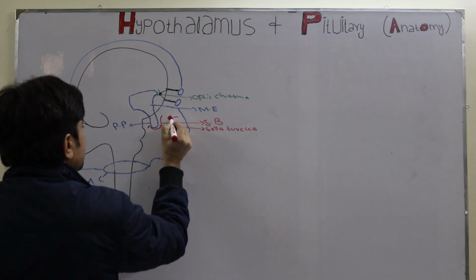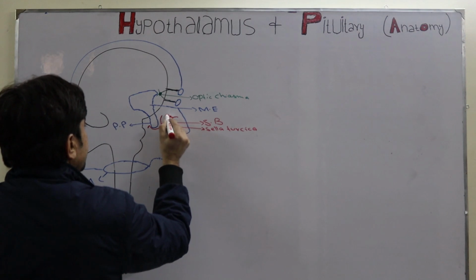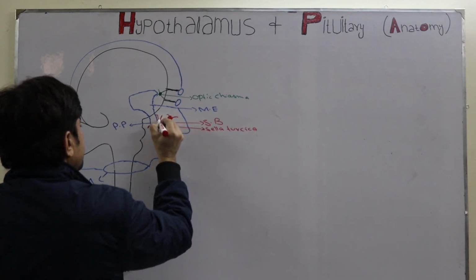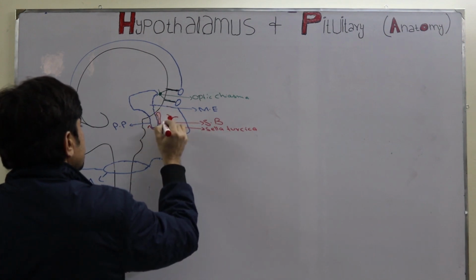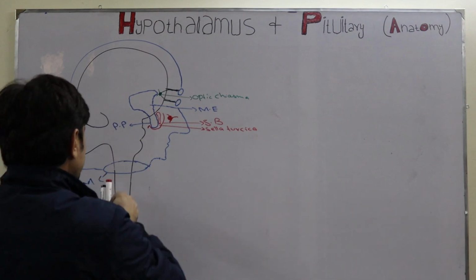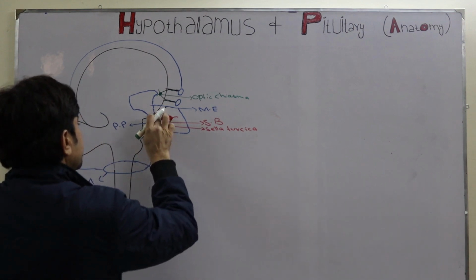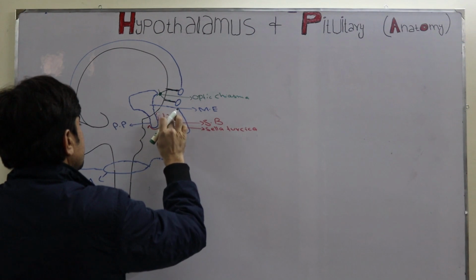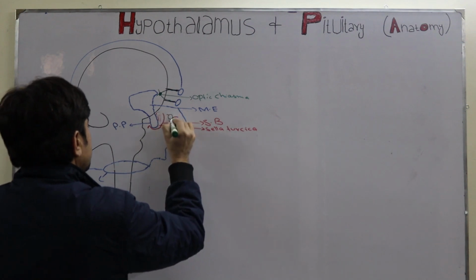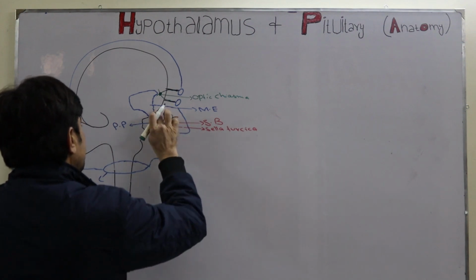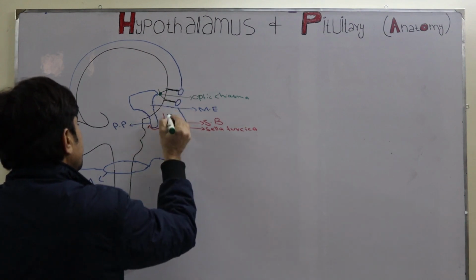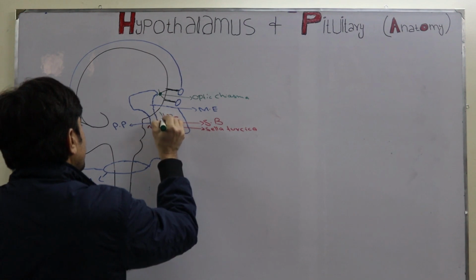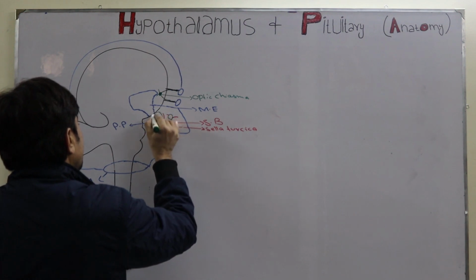This Rathke's pouch finally detaches from here, and it comes and attaches with the sella turcica. This is the Rathke's pouch, and it detaches from the nasal epithelium, moves here and occupies this area.